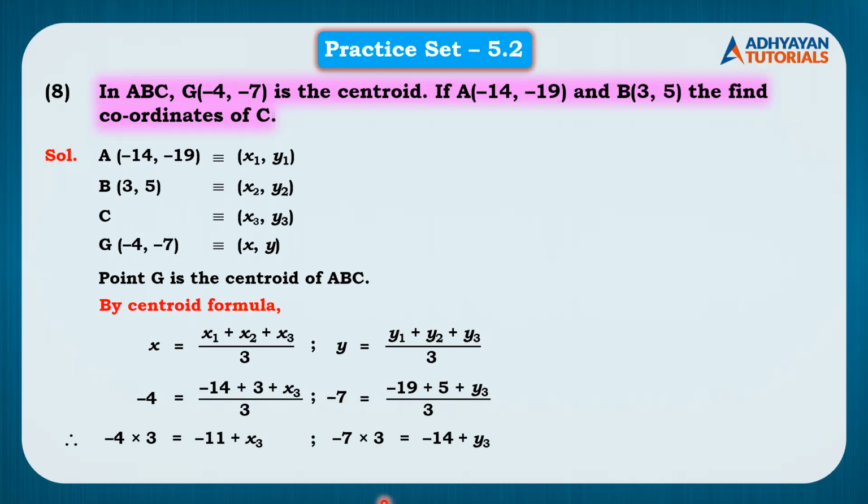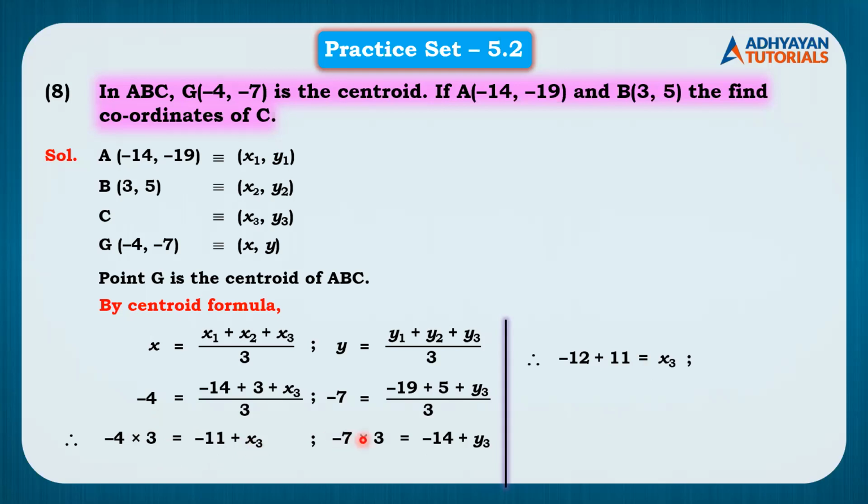Students, have you understood this step? Now next, minus 4 into 3, 4 threes are 12, so minus 12 is equal to minus 11 plus x3. Now minus 11, if we shift it to the left hand side, it will become plus 11. I repeat, minus 11, if we shift it to the left hand side, it will become plus 11. So plus 11 is written here, is equal to, what is left on the right hand side, minus 11 is gone, so x3 is left.